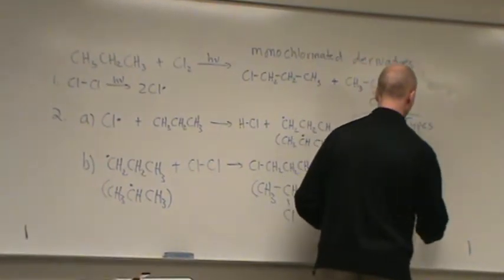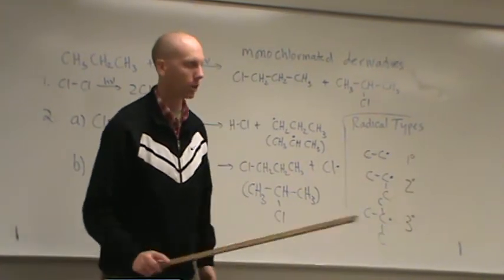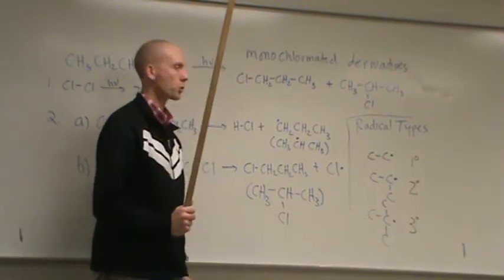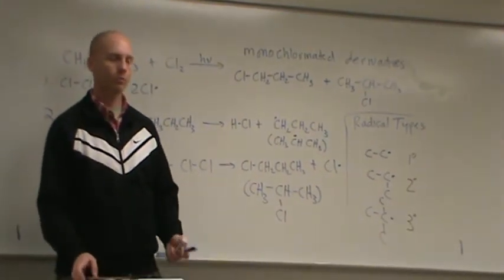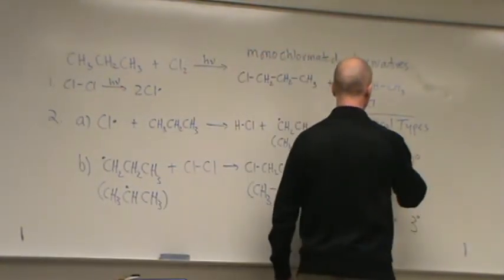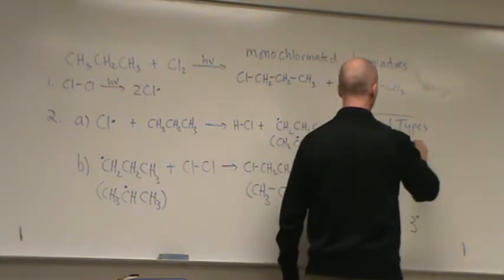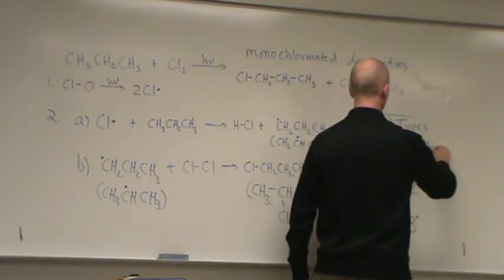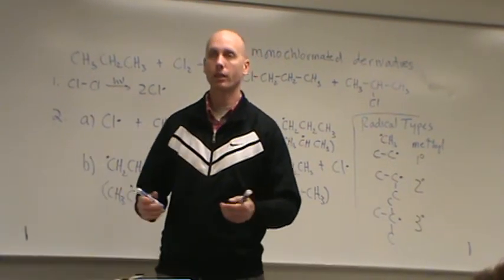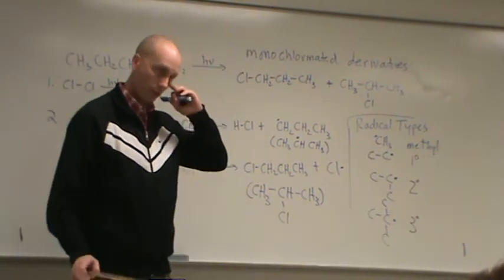Third one, tertiary. Okay, so when I have three carbons on that radical carbon, then I have a tertiary radical. There is one other type of radical that we just call a methyl radical, okay? Because it doesn't have any carbons on it. Okay?